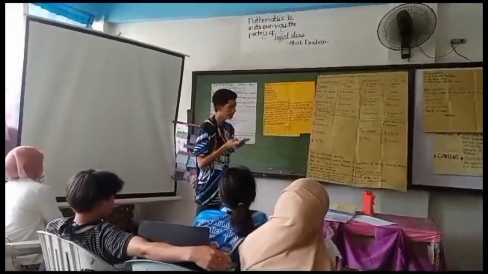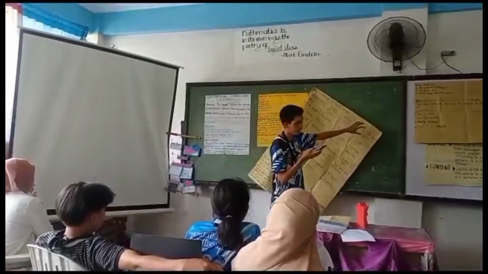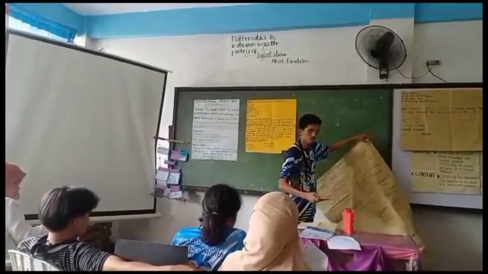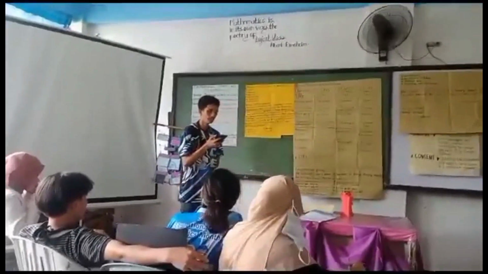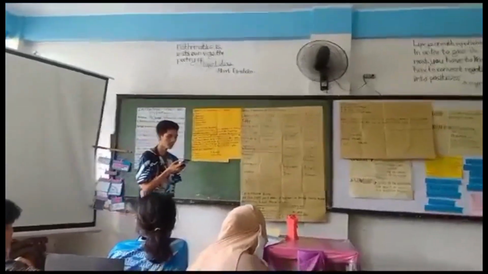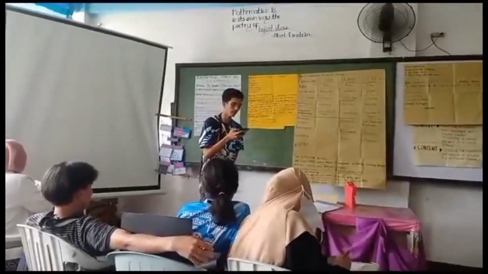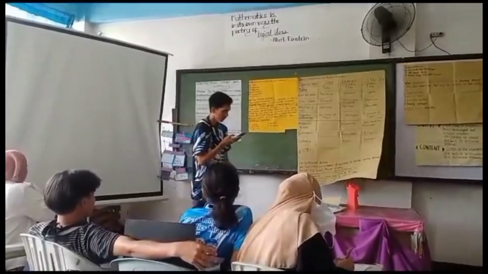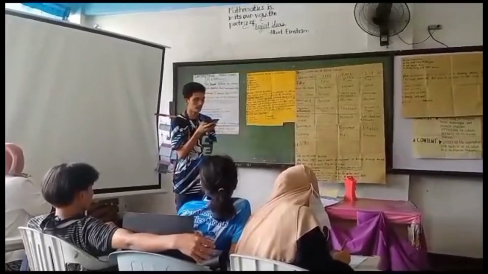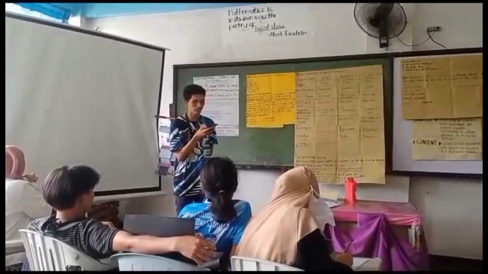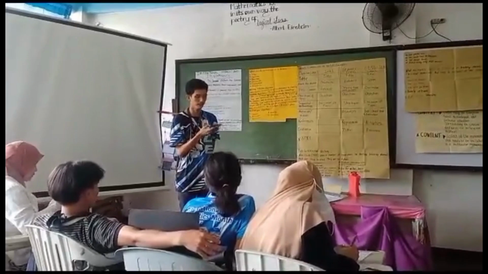Specific: a goal should be clear and unambiguous, outlining exactly what is to be accomplished. Next is measurable. A measurable goal should include specific criteria for measuring progress and determining when the goal has been achieved.